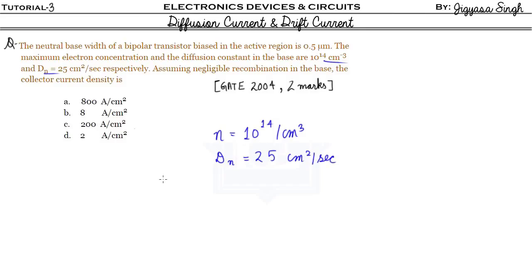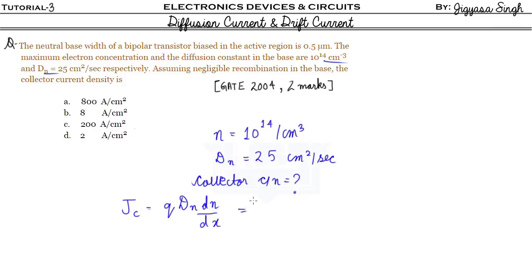here. They are asking what the collector current is. Well, the collector current will be simply, here I am writing it as JC, Q dN by dx.